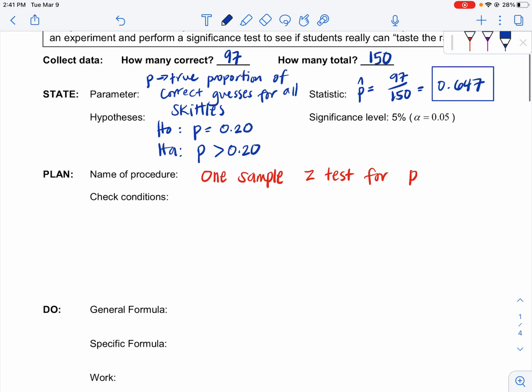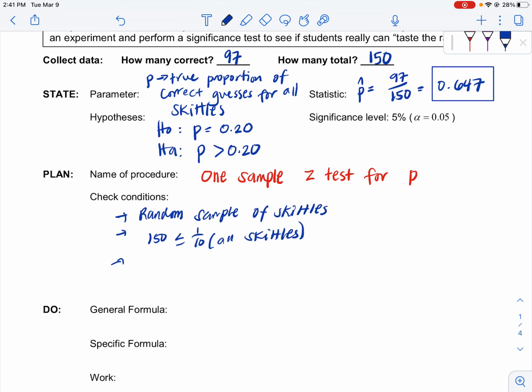Of course, we're going to be checking conditions, which is the same thing. We need to know if it's a random sample. Yes, it is a random sample of Skittles. Then the 10% condition: 150 is less than 10% of all Skittles in the bag.